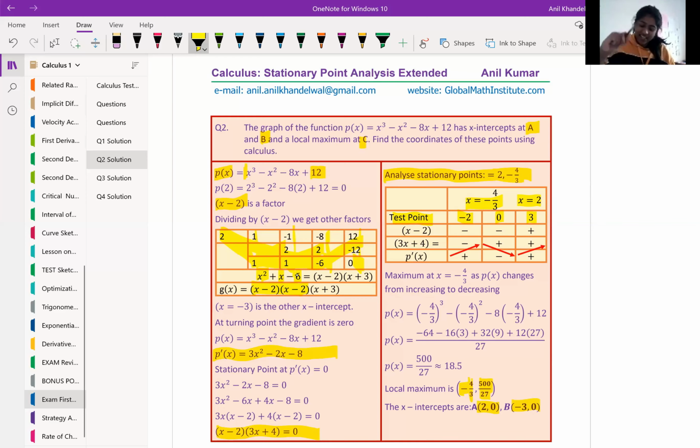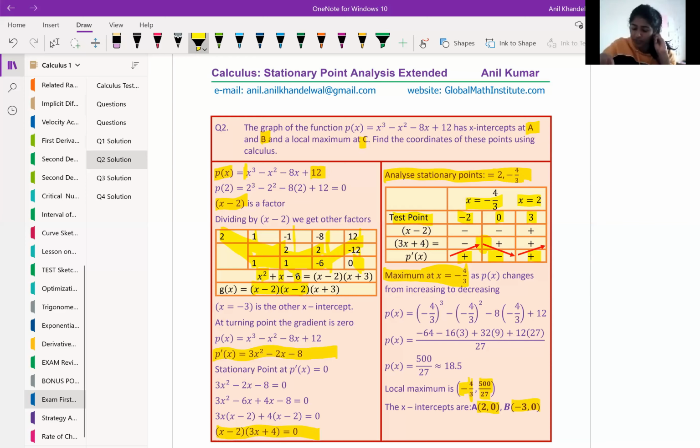Then I subbed those values into x minus 2 and 3x plus 4. I got positive, negative, positive. So what that tells us, because we're dealing with the first derivative, is it's about the local maximum or minimum. When it goes from positive to negative, you get your maximum, and from decreasing to increasing, you get your minimum.